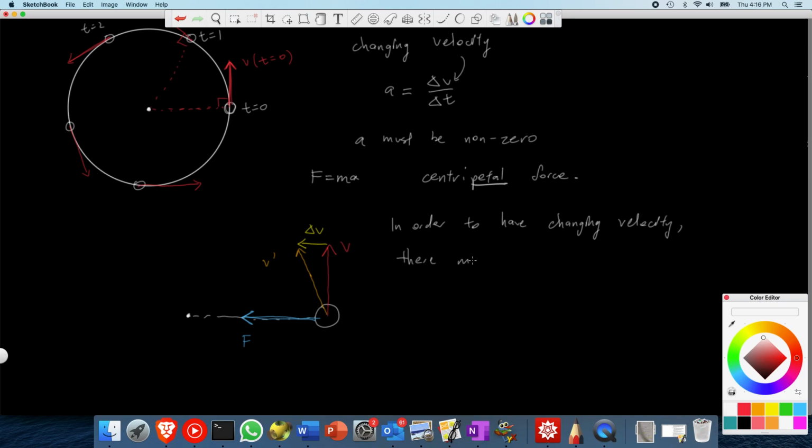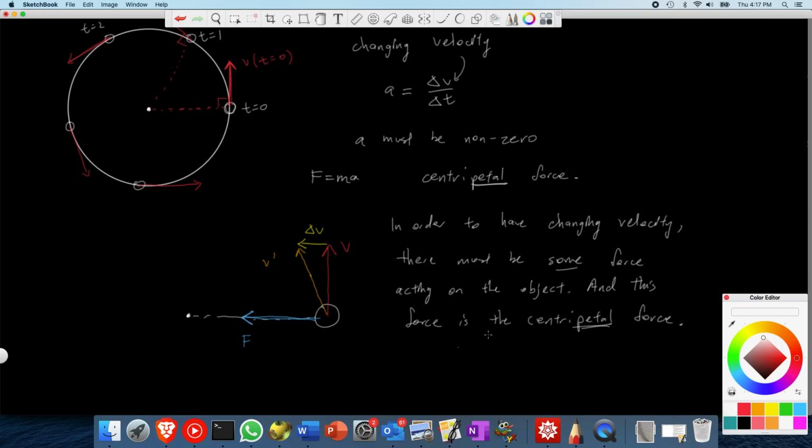There must be some net force acting on the object. And this force is the centripetal force.